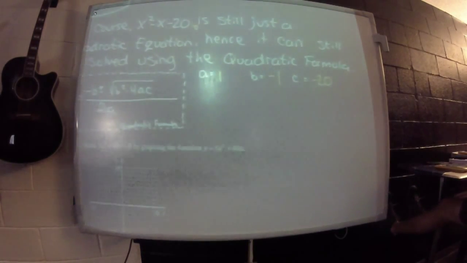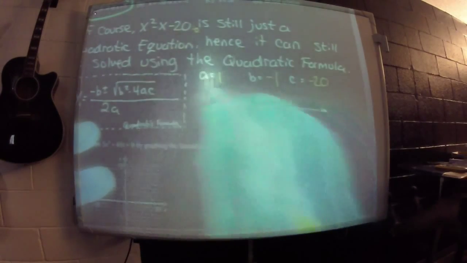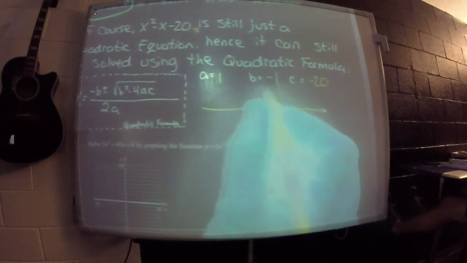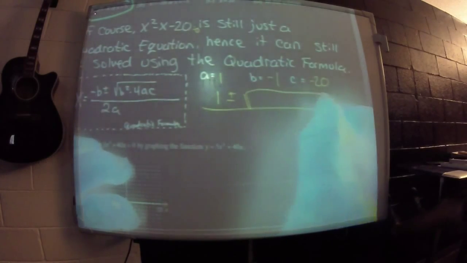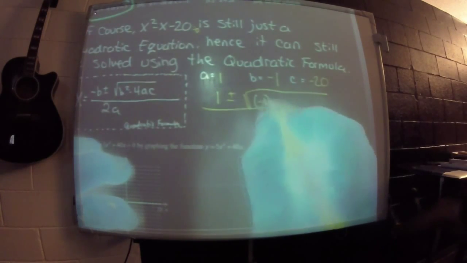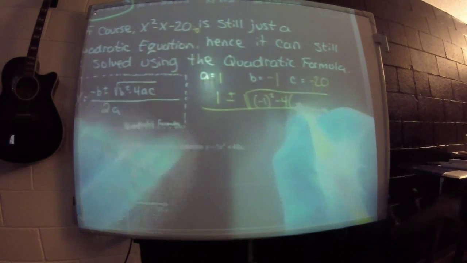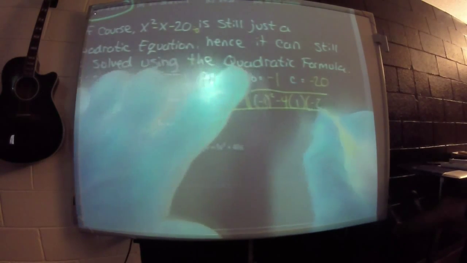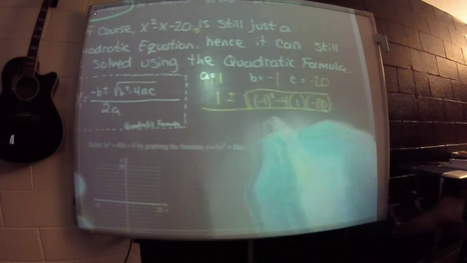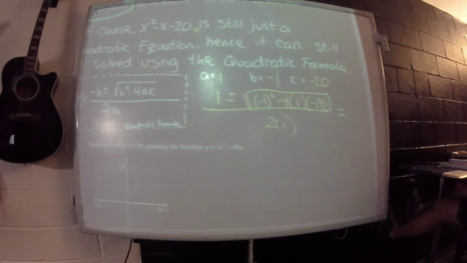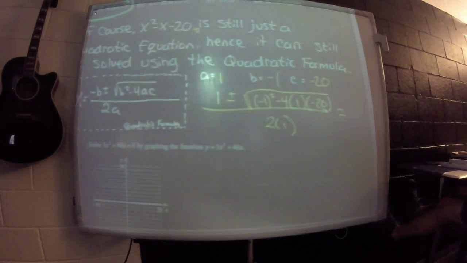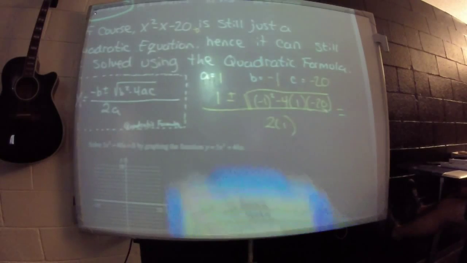So what I can put in my calculator is x equals negative b, well, since it's already negative, x equals 1, plus or minus square root of b squared minus 4ac, all over 2a, so all over 2 times 1. Put this in your calculator with the plus sign, and then put it in your calculator with the minus sign, and we should still get those same answers that you saw on the graph.